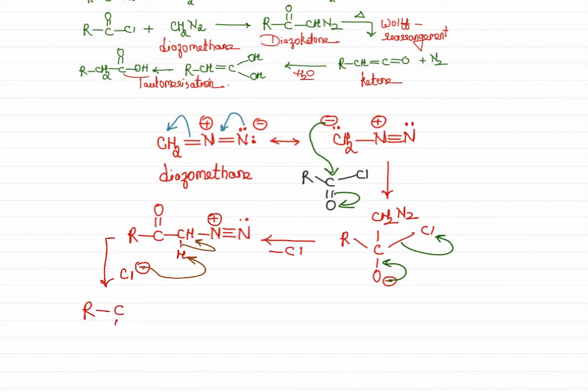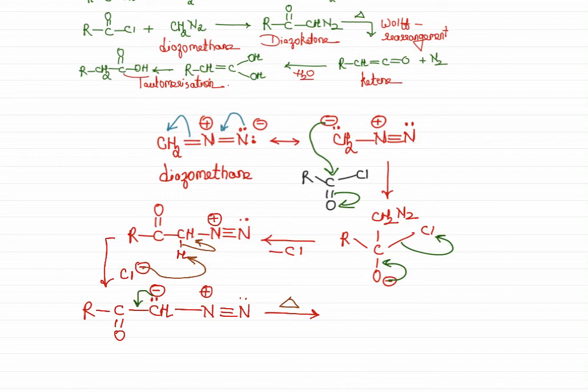R, C double bond O, and then we have CH here, and then we have this N triple bond N. And remember, N triple bond N is a very good leaving group, and now when you heat, there is a rearrangement which is going to happen. So just look at the rearrangement now.